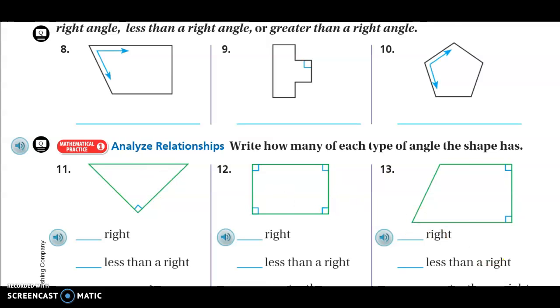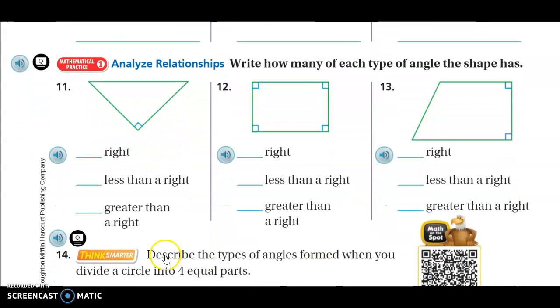11, 12, 13. For number 11, we had 1 right angle. We can see it right there. There are 2 less than right. These are both acute right here. They're pinched in. So that means there are 0 that are greater. Here's our rectangle.